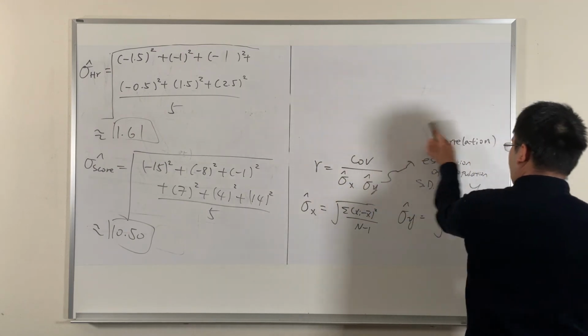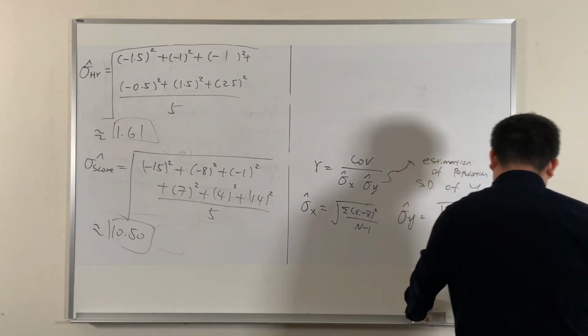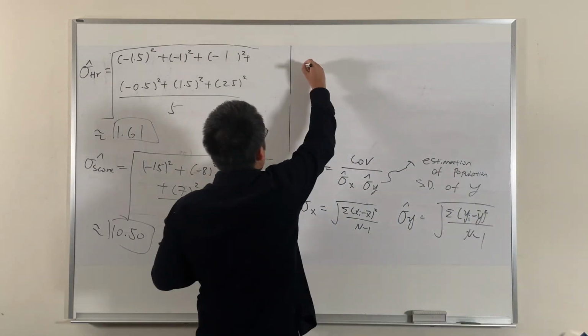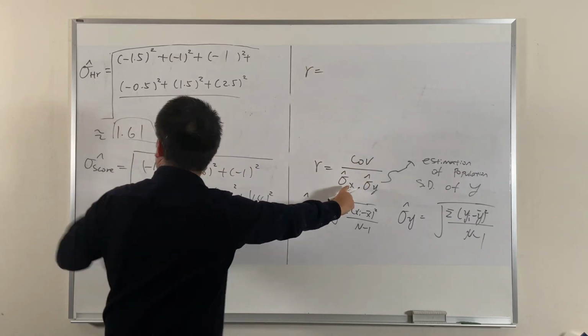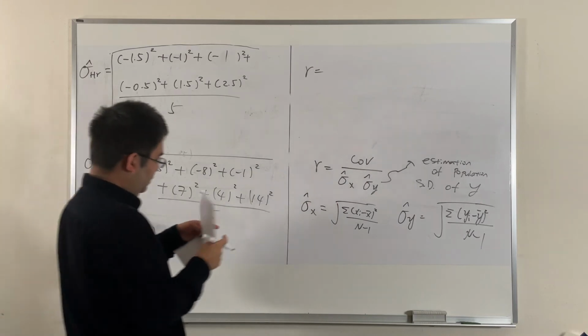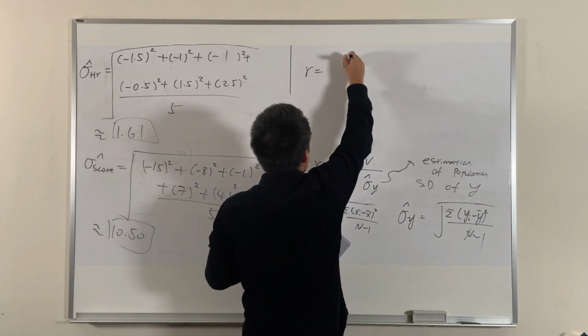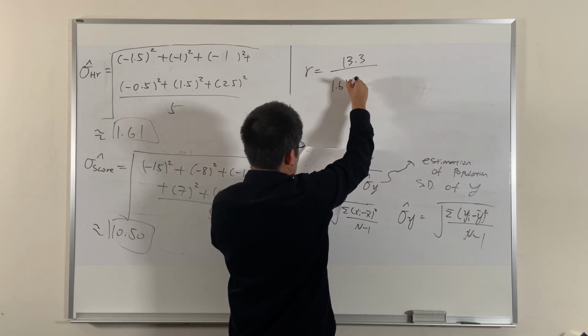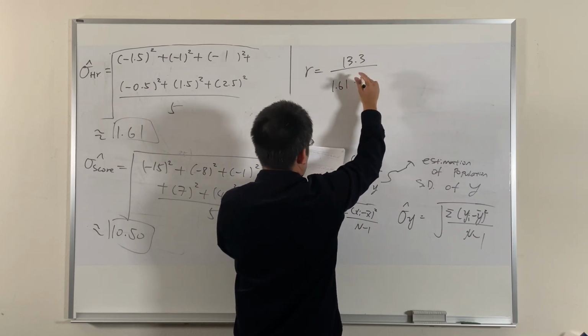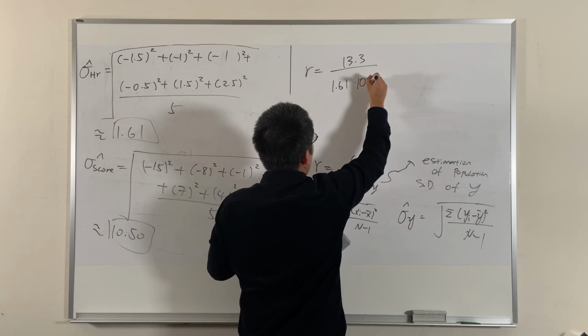Let me keep the formula here. So R equals covariance divided by this value and this value. So we have 13.3 over 1.61 multiplied by 10.50.